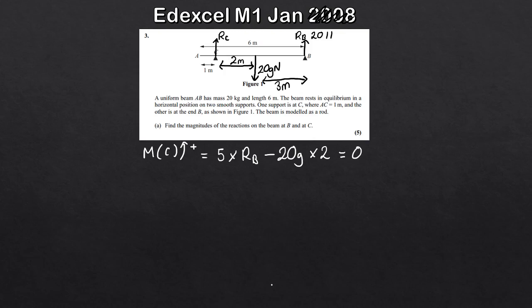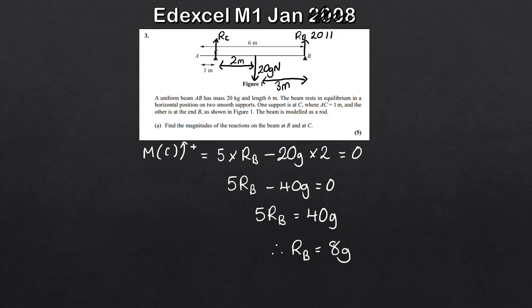Now we just solve for RB. So 5RB minus 40g is equal to 0. So 5RB equals 40g, and RB is equal to 40 divided by 5. So this is 8g.